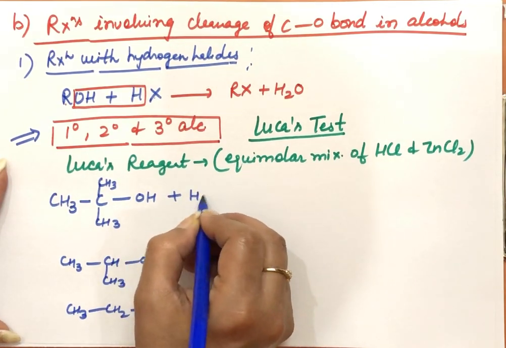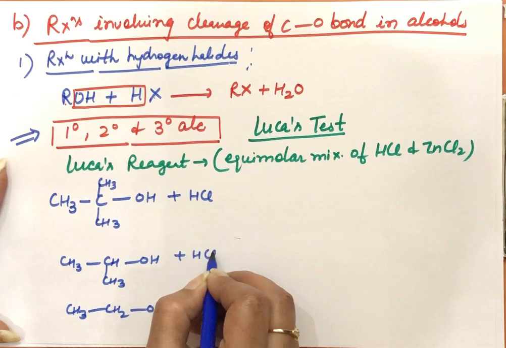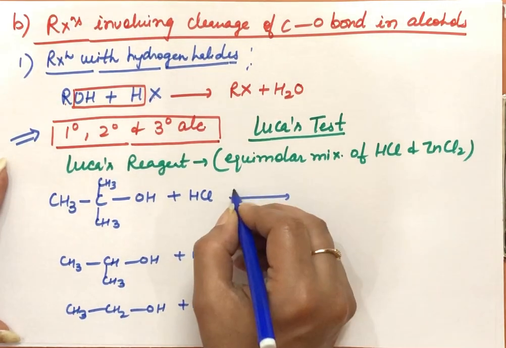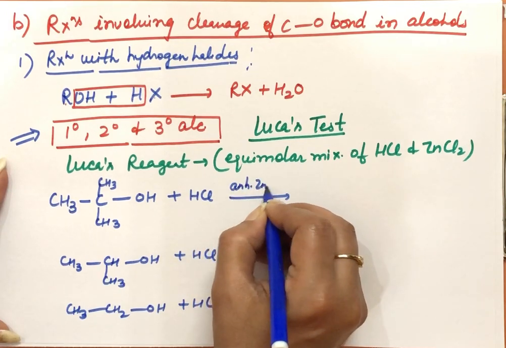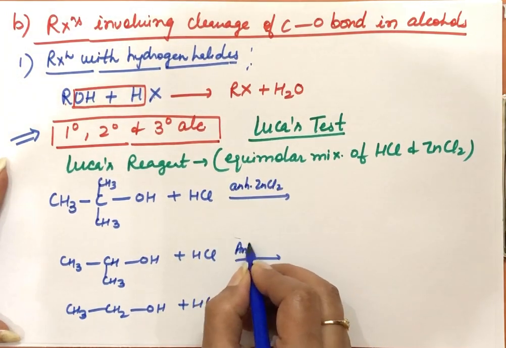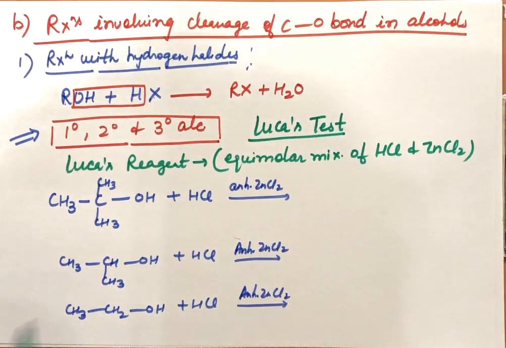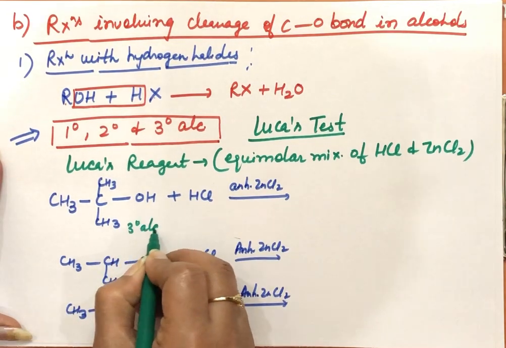To all three alcohols we are adding Lucas reagent, that is HCl and anhydrous zinc chloride.